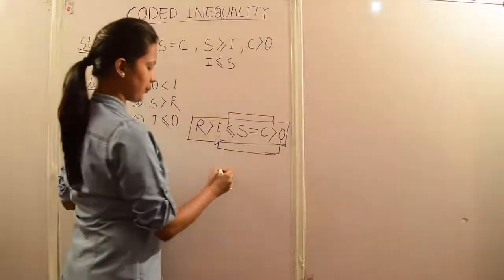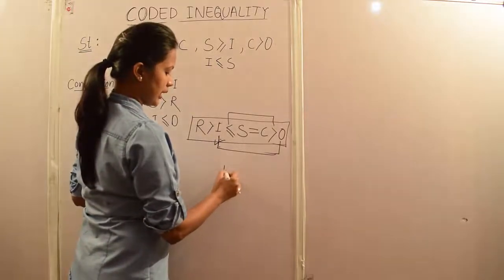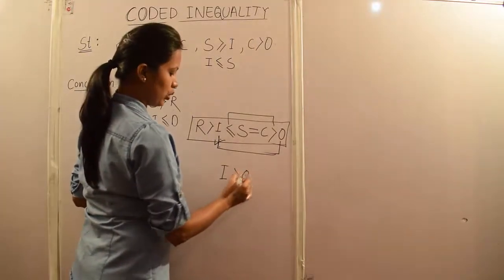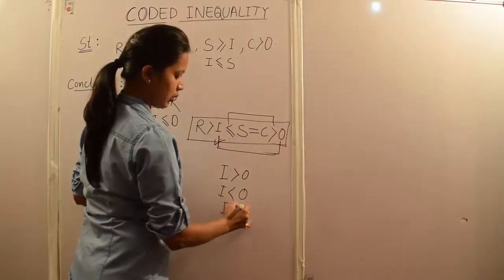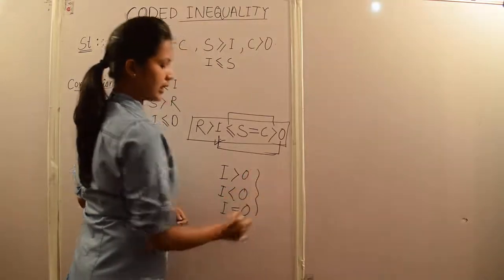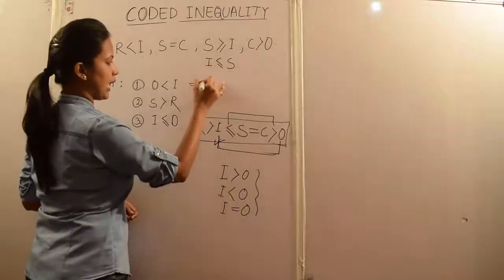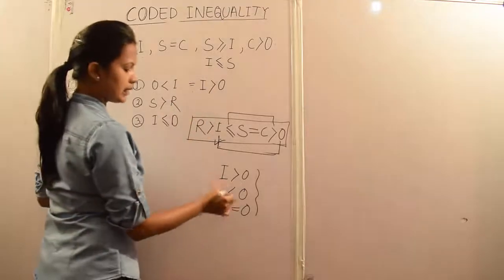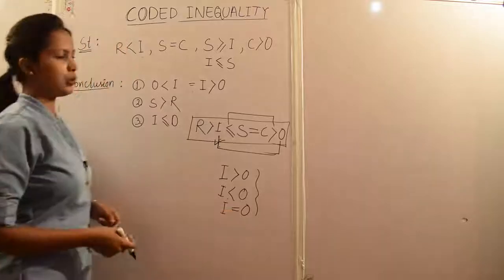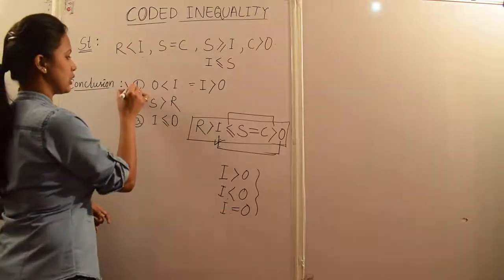So here it may be I is greater than O, or I is less than O, or I is equal to O. These three cases are possible. So here I is greater than O is given, but I is less than O and I is equal to O is not given. So the first conclusion is wrong.